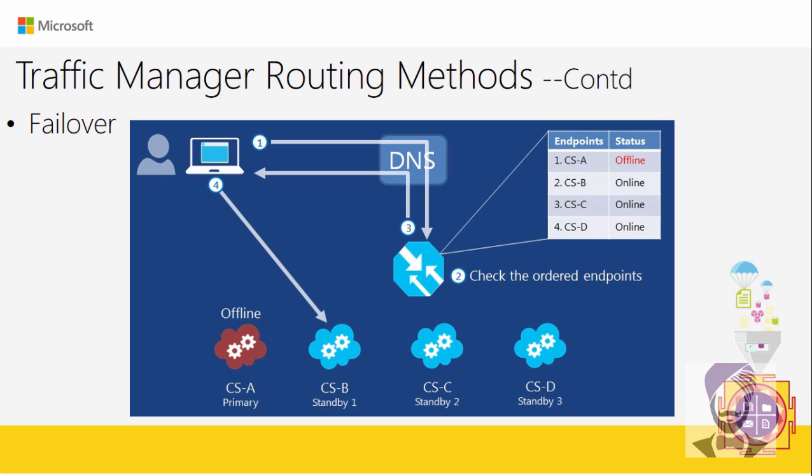So as you can see in the failover method, CSA is the abbreviation of Cloud Service A. You can imagine it to be a website, a virtual machine, or anything else, right? Imagine this is not working as of now. The Cloud Service A, which is the primary endpoint, is not working.